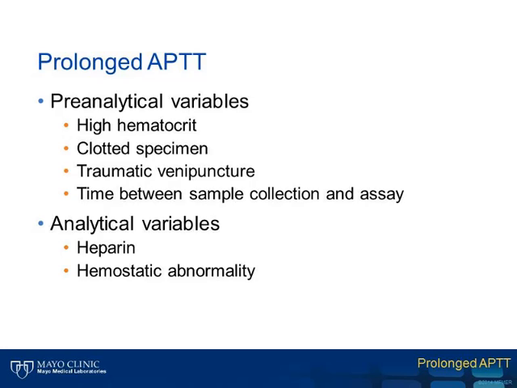Plasma samples that contain heparin or direct thrombin inhibitors will result in a prolonged APTT. And finally, if the patient has a hemostatic abnormality, such as a coagulation factor deficiency or inhibitor, the APTT may be prolonged.